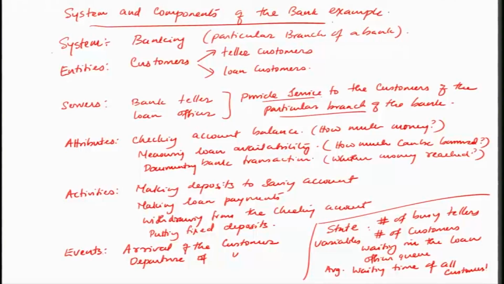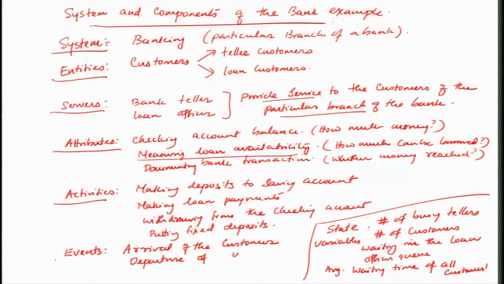So, if you think about it, the system here is a banking system, and the entities are two types of customers, the teller and the loan customers. Servers are the bank teller and the loan officer who provide service to the customers. Attributes are like checking account balance, how much money is left, how much I can borrow, or measuring the loan availability, documenting the bank transaction, whether the money has reached, yes or no. Activities: you can make a deposit into your savings account, make loan payments, withdraw from the checking account, put fixed deposits.